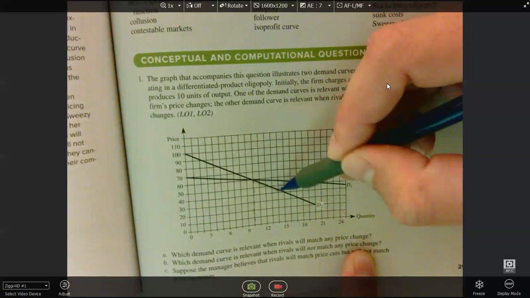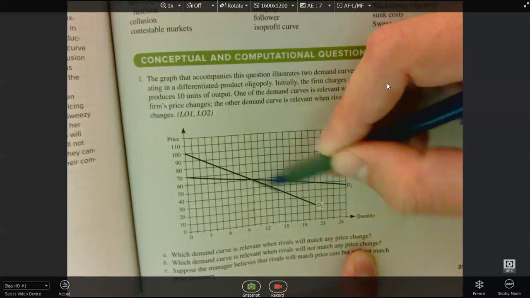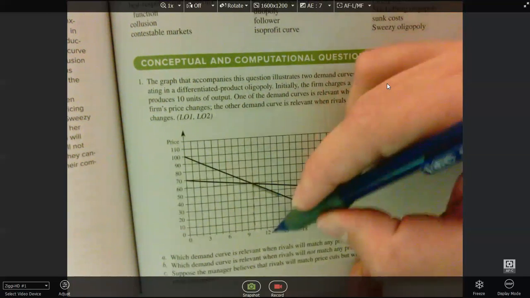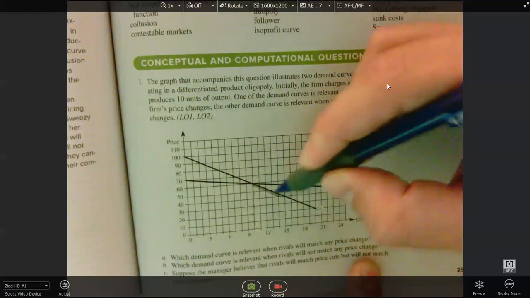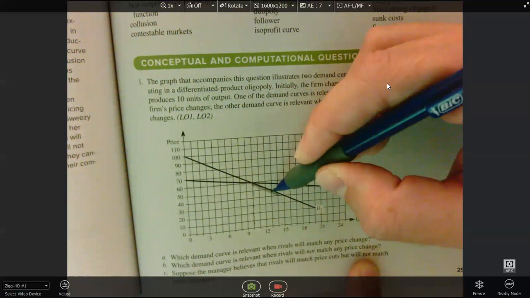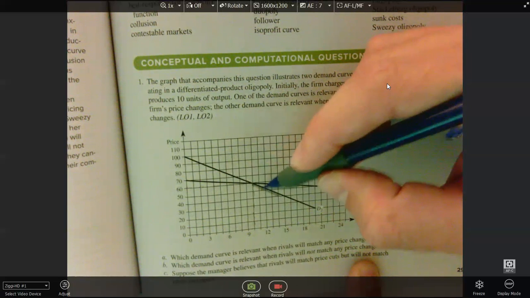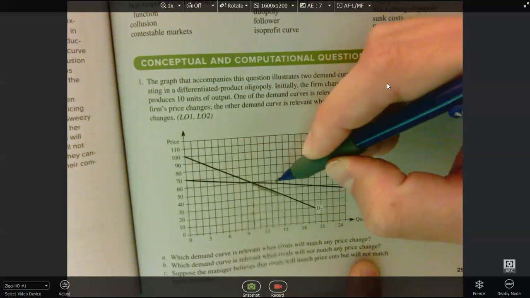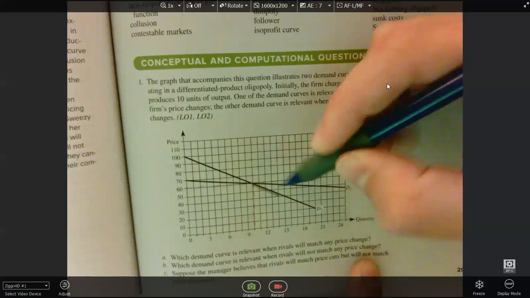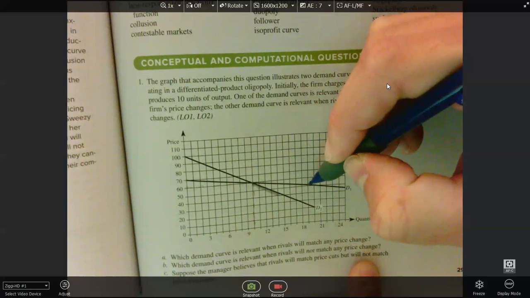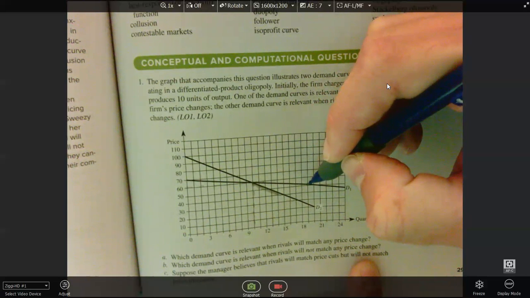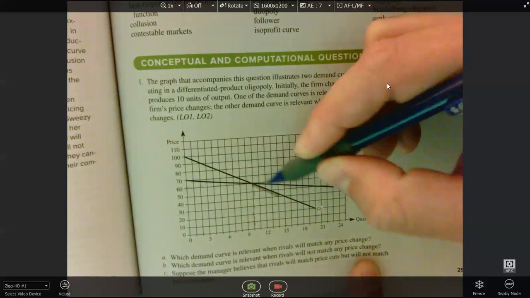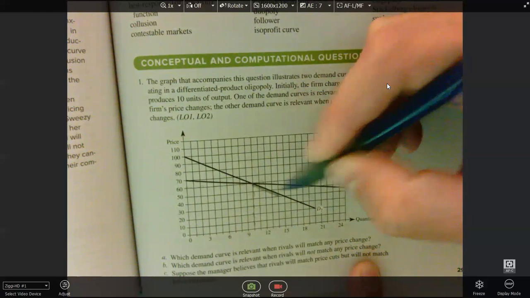When others are matching my price, my demand curve is steeper, in terms of the percentage quantity change I get for any price decrease, which is greater than over here. Right here, I can decrease by 1, and my demand will increase significantly on D1.